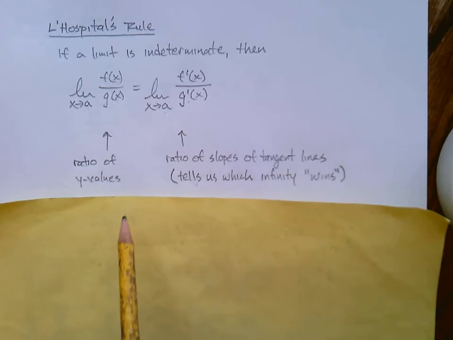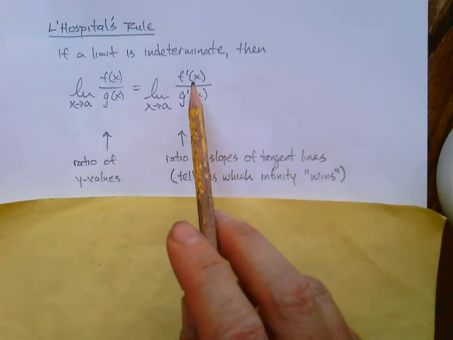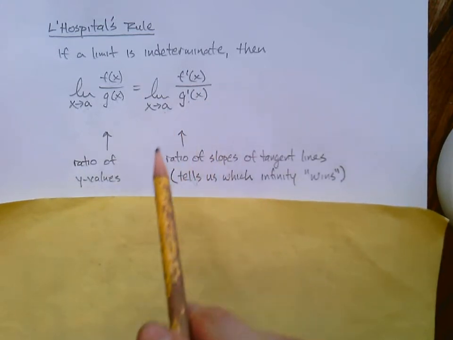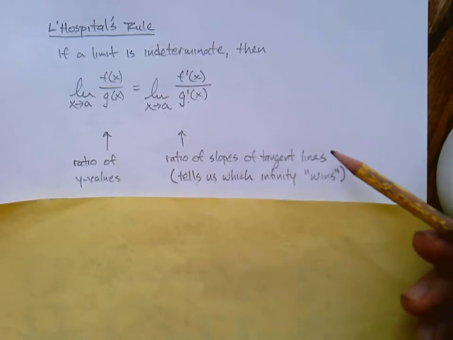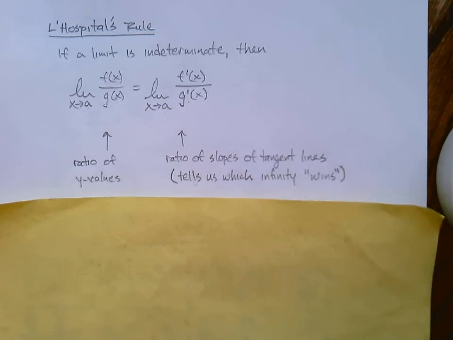So what we'll do is say, let's look at the ratio of the slopes of the tangent lines, right? The slopes of the tangent lines tell us how fast those functions are moving as we approach a.